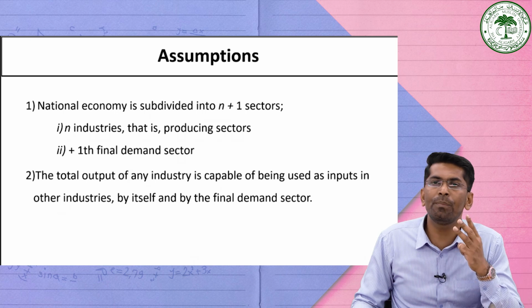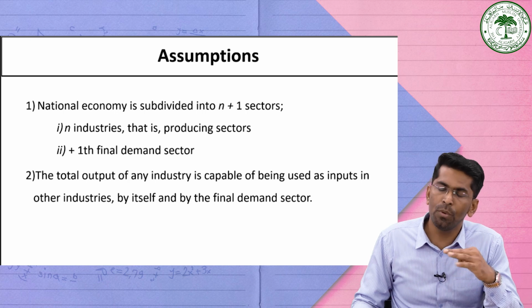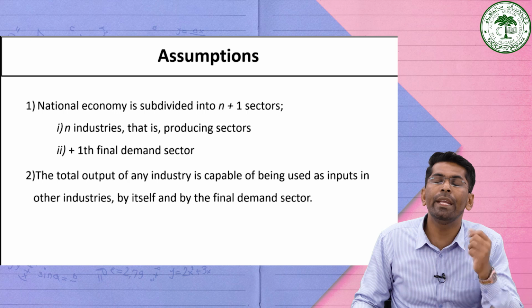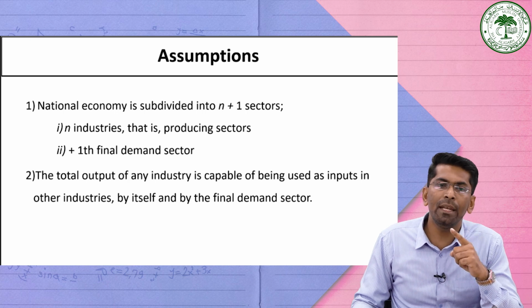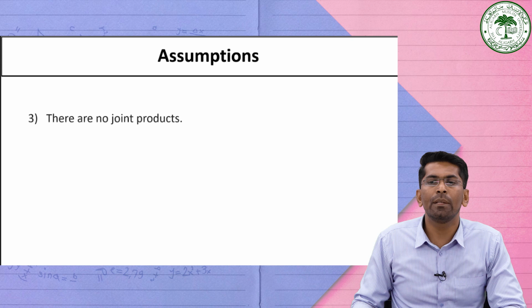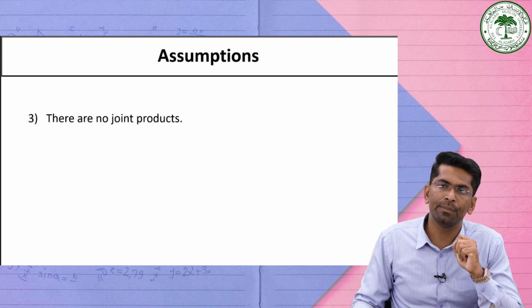So one commodity is used for three purposes: input for itself, input for other commodities, and these two together make up the inter-industry or intermediate demand. And finally, it is also used for final consumption by households and government. The third assumption is that there are no joint products.